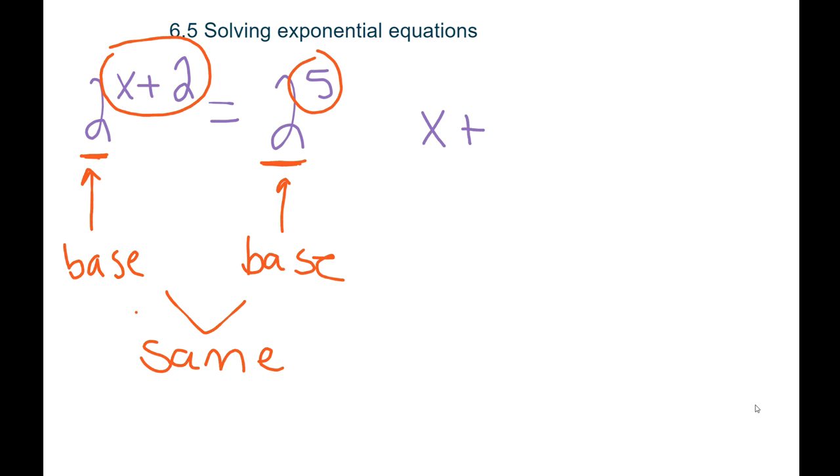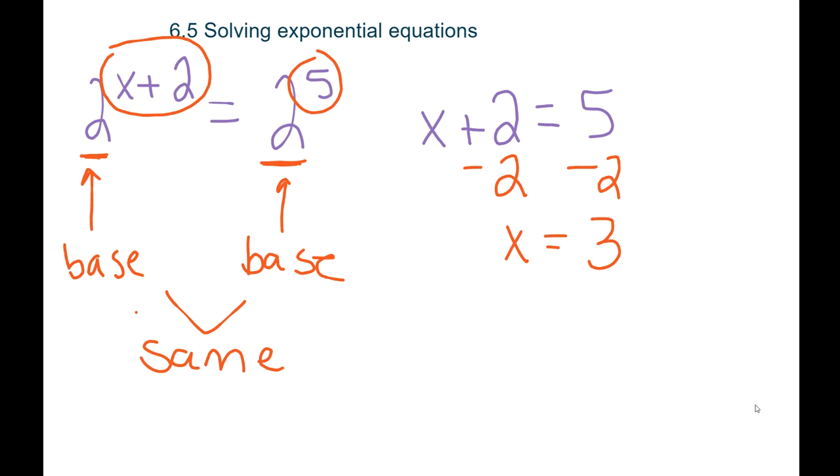So x plus 2 is the exponent on the left side. 5 is the exponent on the other side. You can just take those out, and then all you have to do is solve. Minus 2, so x has to be 3. So if they have the same base, you just set the exponents equal to each other.